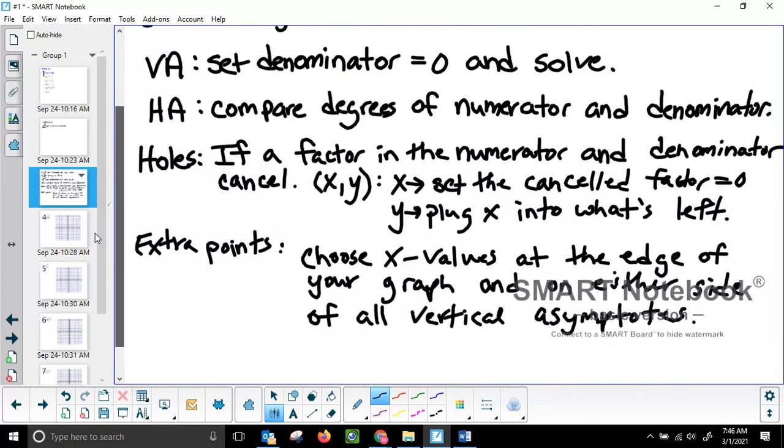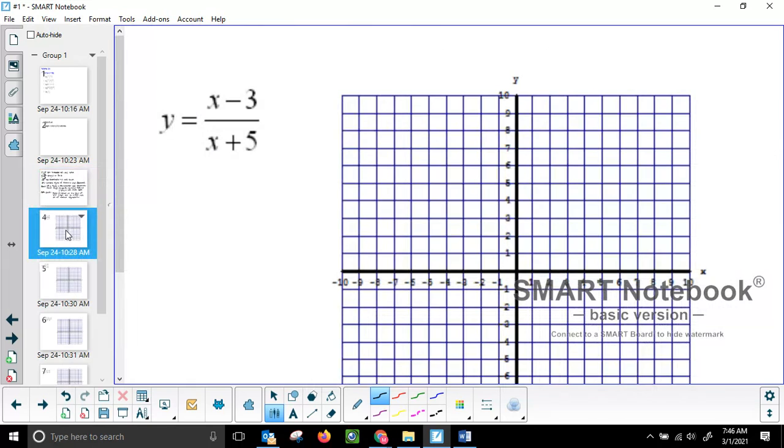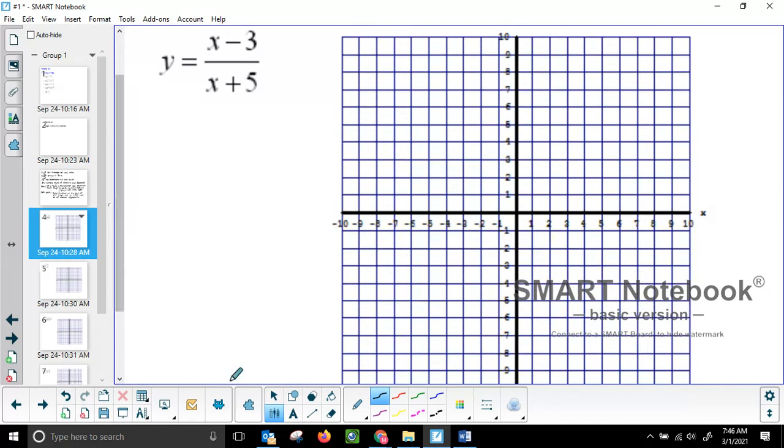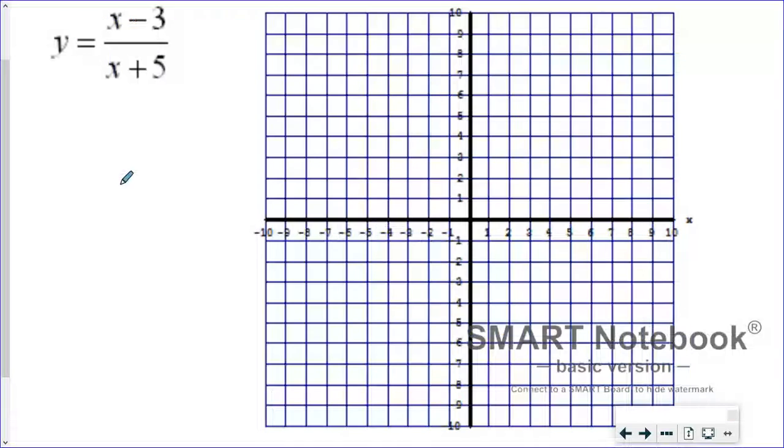Find all of these. All right, so let's look at an example. All right, so here's our rational function. Let's go through our steps. So first, we'll find our x-intercept. Remember, we set the numerator equal to 0 and solve.